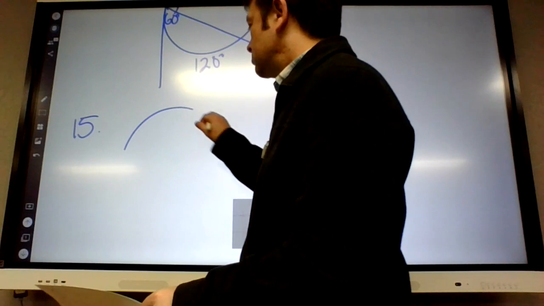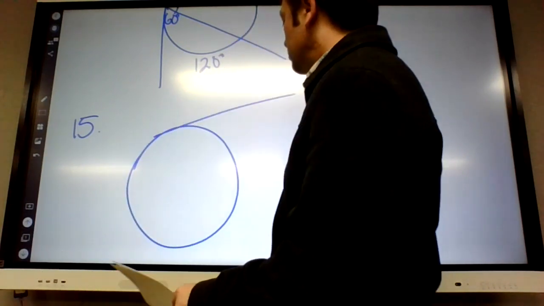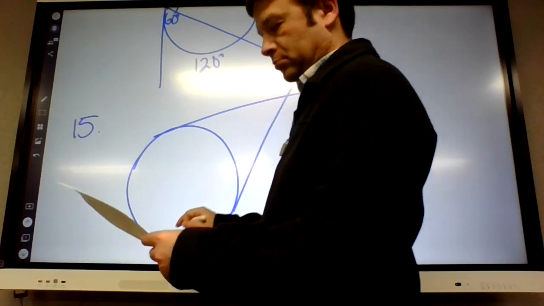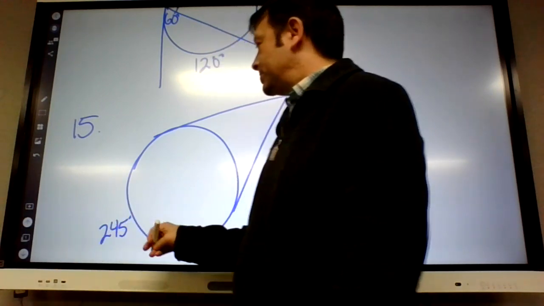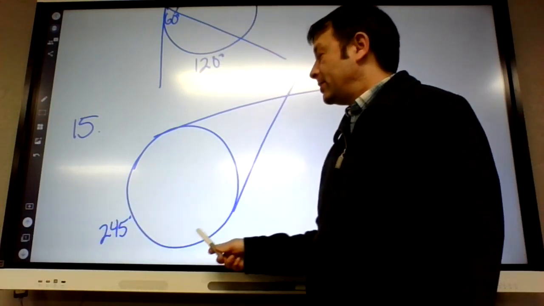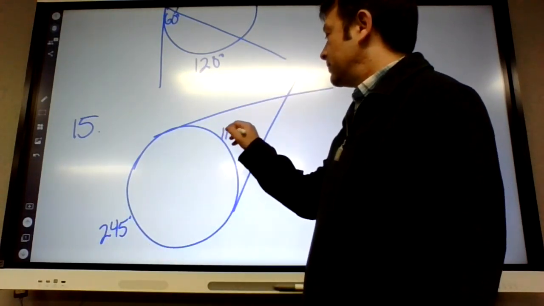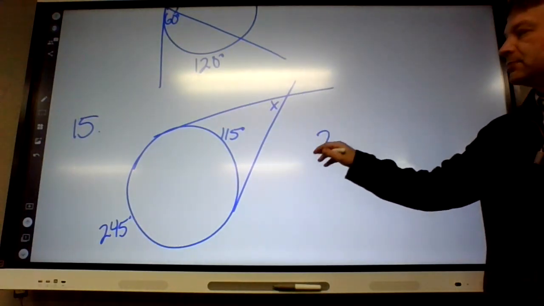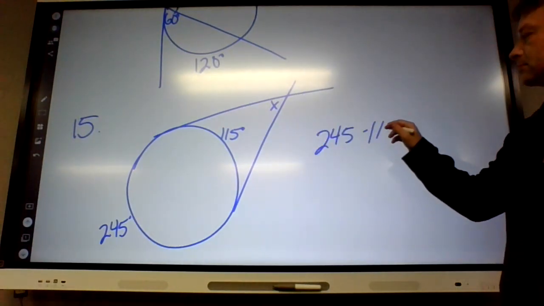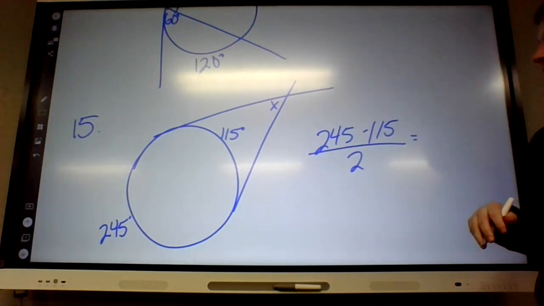So basically, you subtract 245 from 360, get that mirror angle, which would be 115. Okay, yeah, there's only 2 arcs in this circle. So they have to add up to 360. 360 minus 245 is what he said. 115. And how do I set that up for x? And then it's 245 minus 115 divided by 2. So that would be 130 divided by 2, 65.